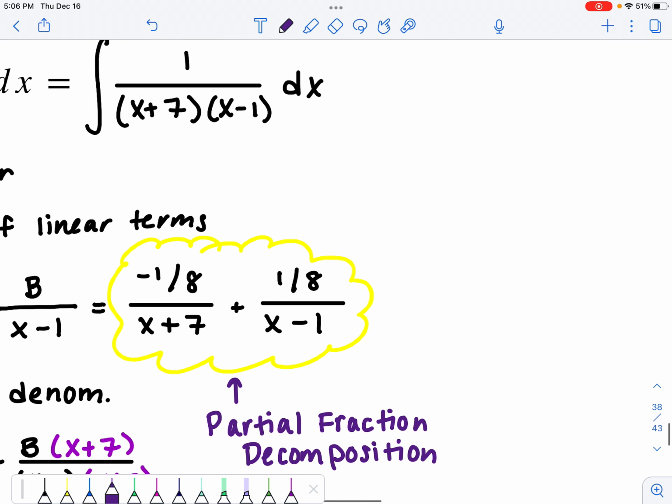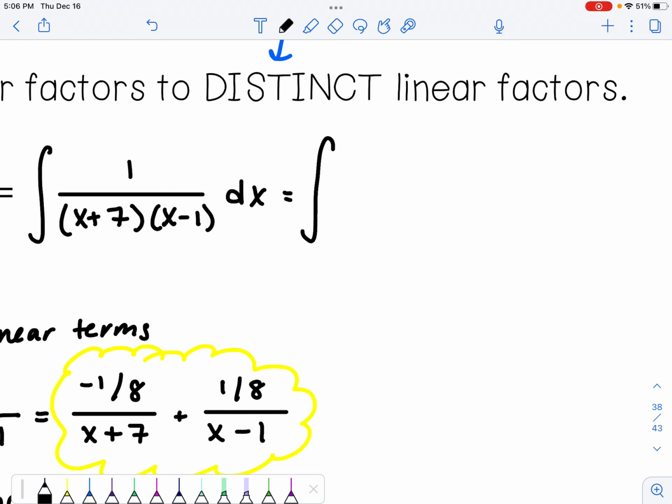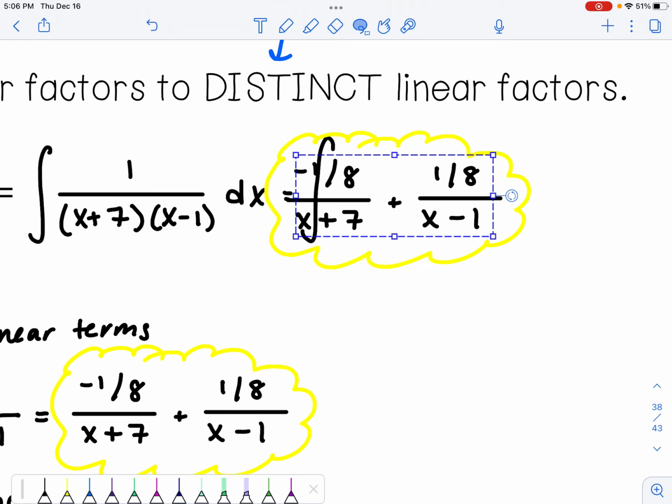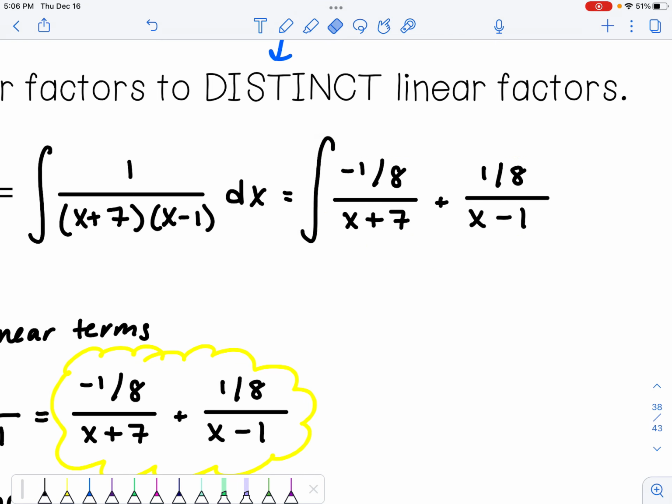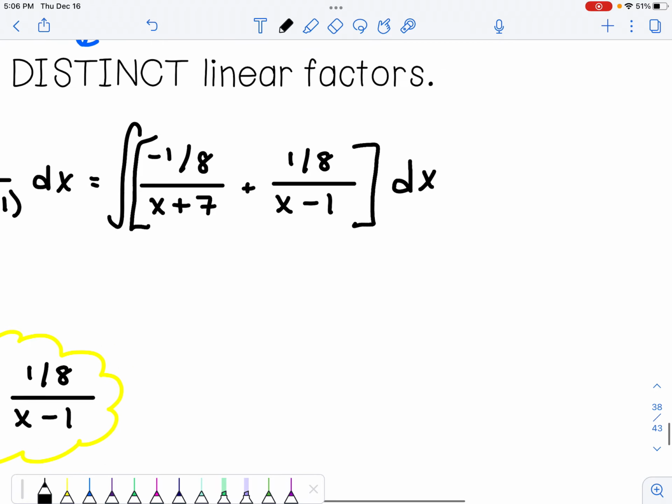So what I'm going to do is take this stuff right here, put that inside my integral, and add my dx at the end.